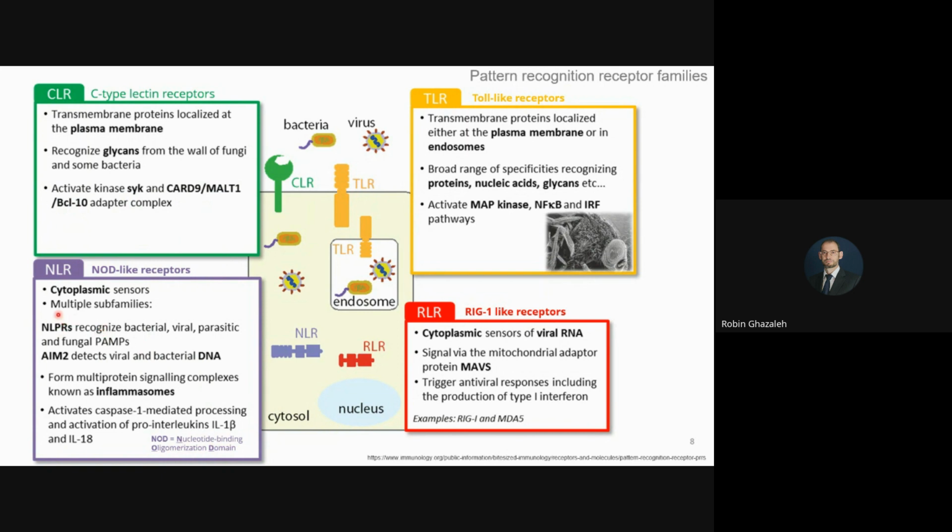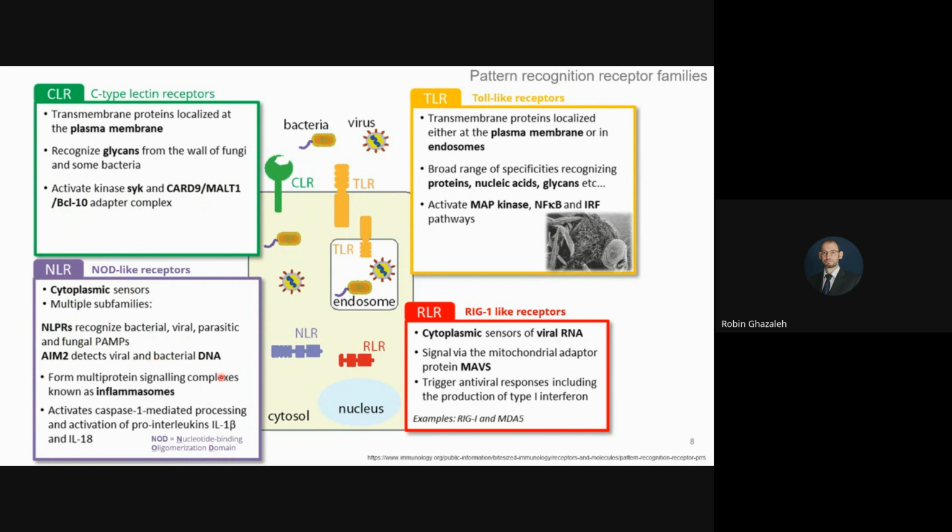There are multiple subfamilies. So for each of the families, there are multiple examples. But with this family, it's actually very diverse, and there are subfamilies. And one of the subfamilies is called the NLRP. It's recognizing bacterial, viral, parasitic, and fungal pathogen-associated molecular patterns. And then this one, AIM2, which is recognizing viral and bacterial DNA.